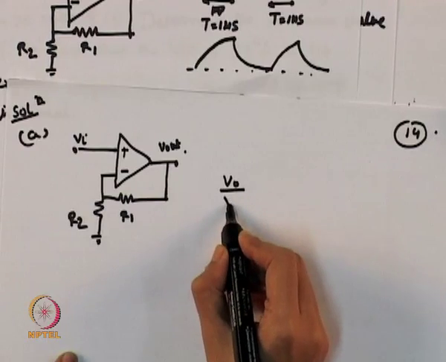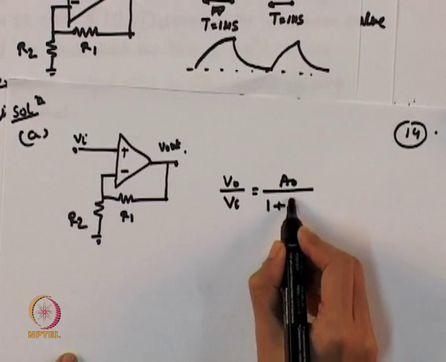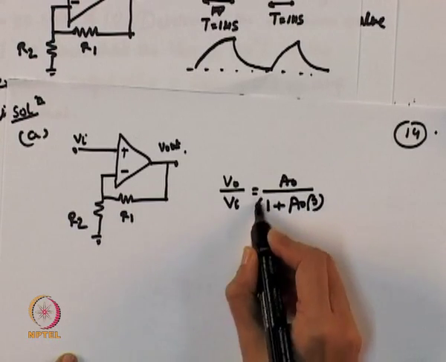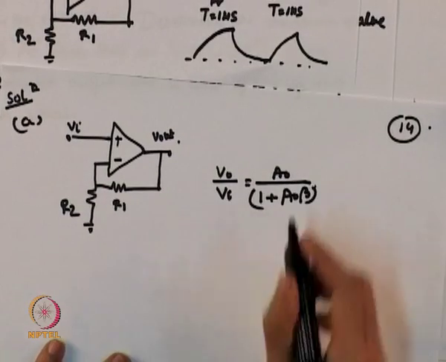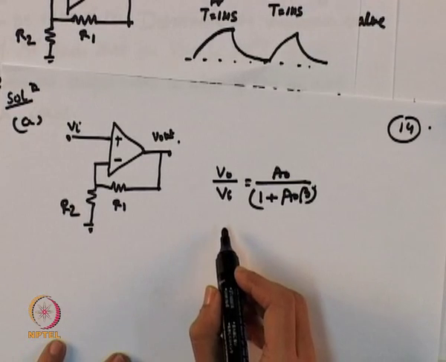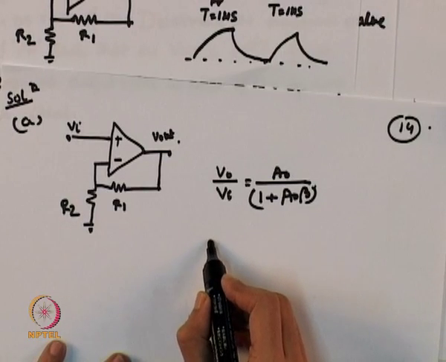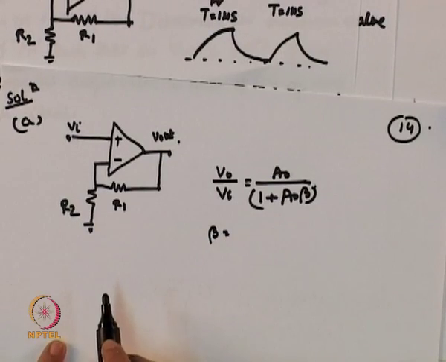So, we can write that Vo by Vi equal to A0 by 1 plus A0 beta. Now, A0, as we have already discussed, is a constant quantity. Now beta is what? For this circuit, beta is the feedback factor.